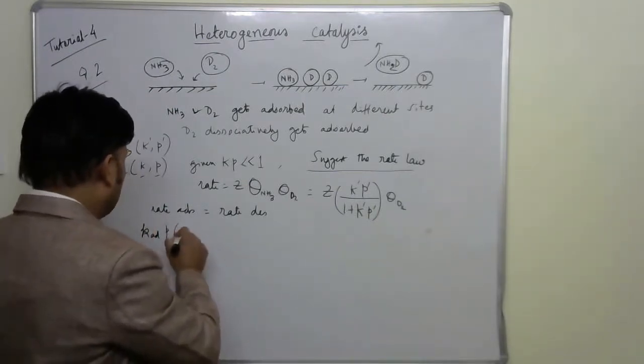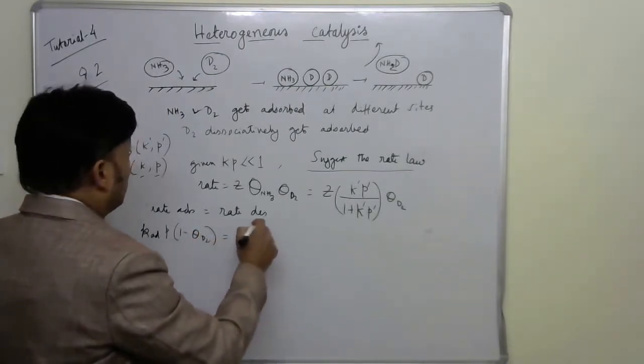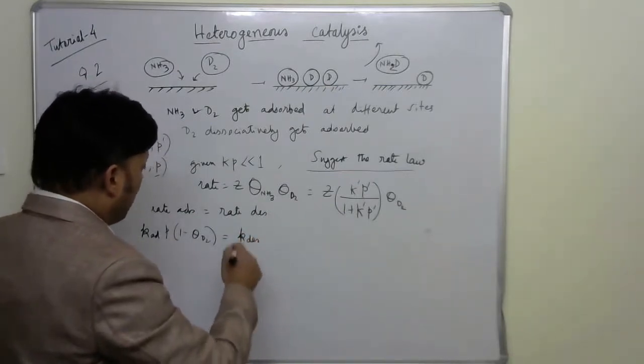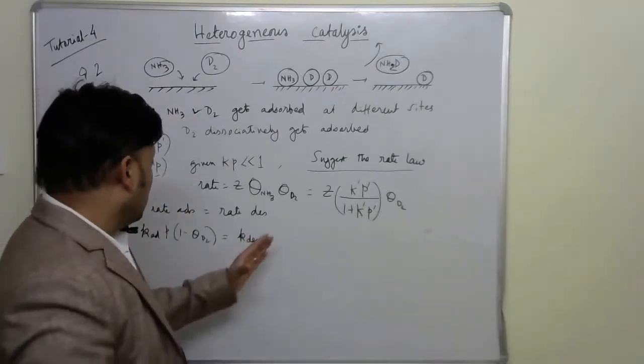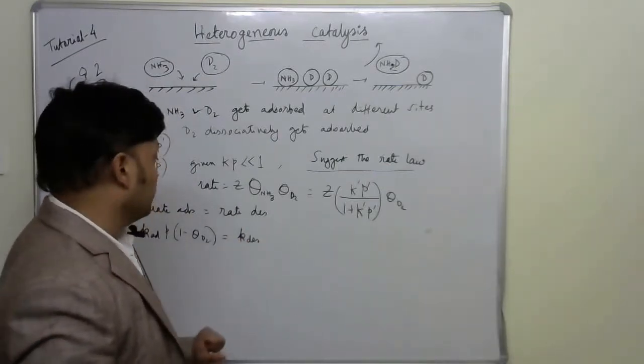so that we can write it as 1 minus theta D2, is equal to the rate constant for desorption multiplied by the fraction that is occupied by D2.